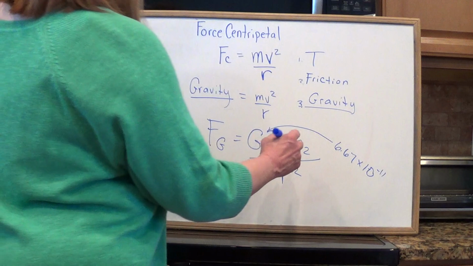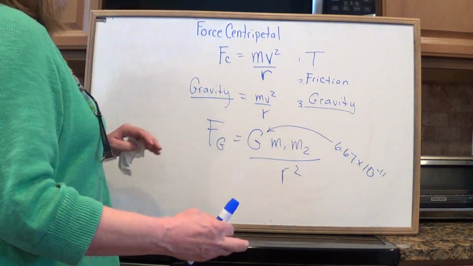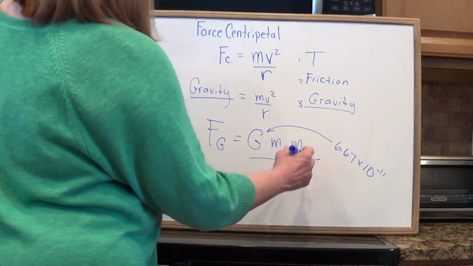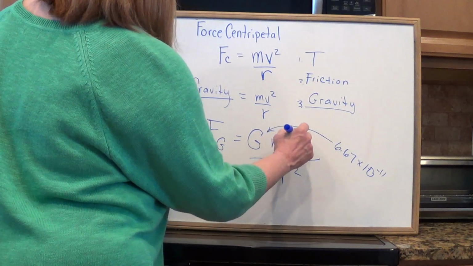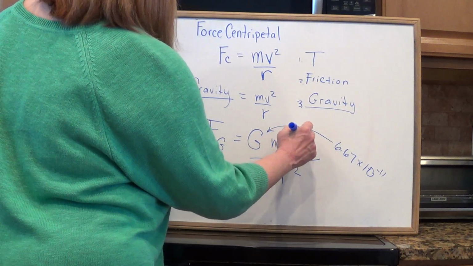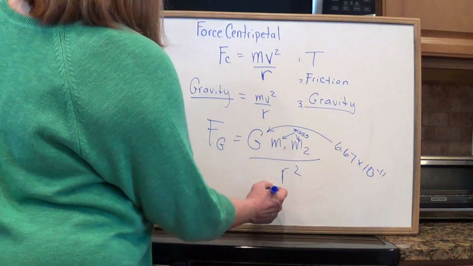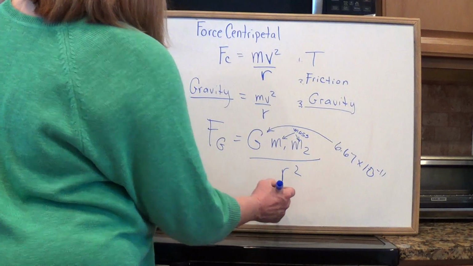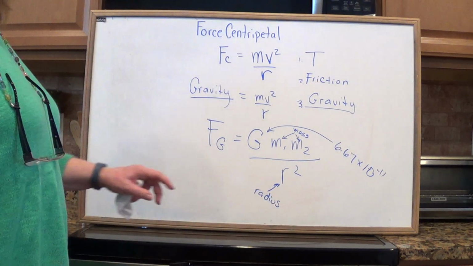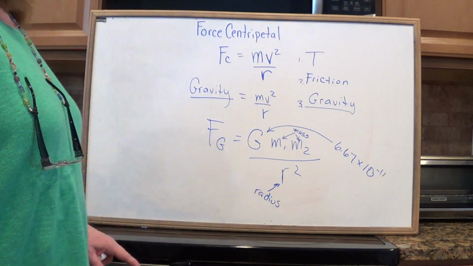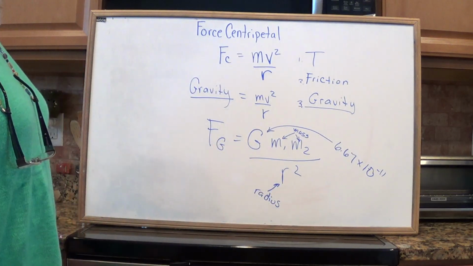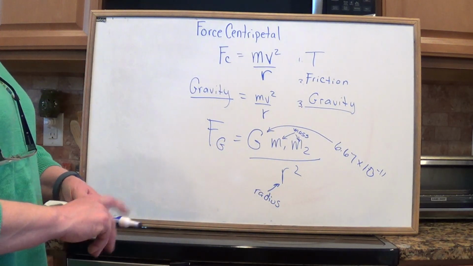And when you have gravity, there's always two masses. So this is mass 1, mass 2. And this is the radius. As one goes around the other, it creates a circle. So the radius of the circle is represented there in the denominator, and it is squared. So that is our formula for gravity.